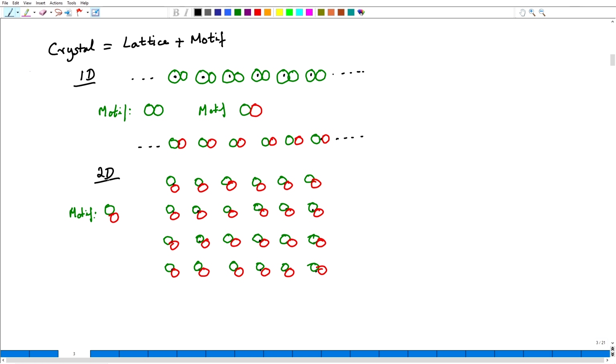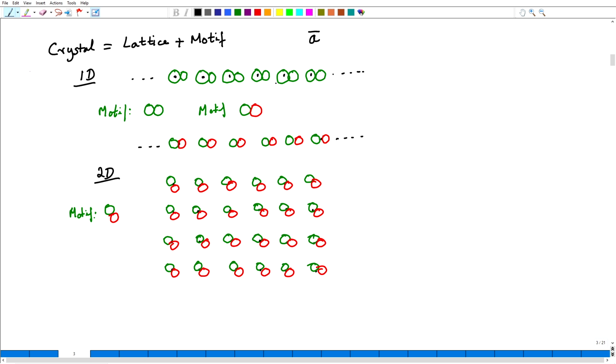Now, let us look at these crystals a bit more deeply. For the first lattice, the one-dimensional crystal and its lattice, let us say its translation vector was A. Then you will notice that the individual atoms in the motif follow exactly the same translation.